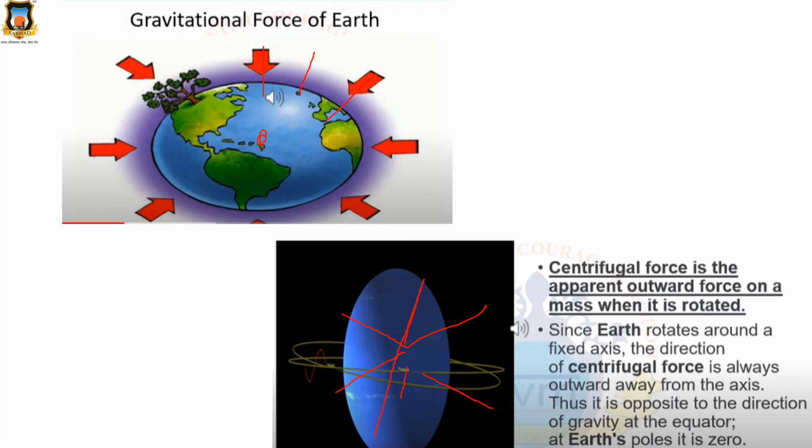Gravity at the equator, you can see it over here, and at the pole it is 0. Clear, all of you? So this is gravitational force and this is centrifugal force, and because of all these things we experience tides.